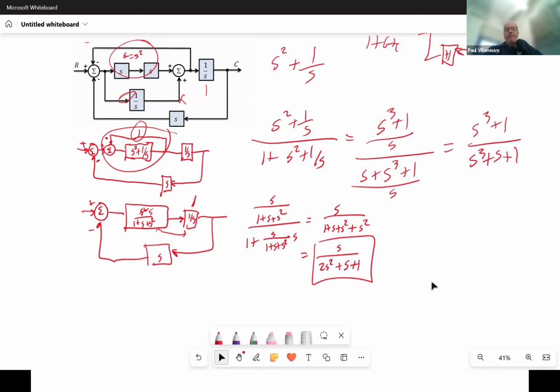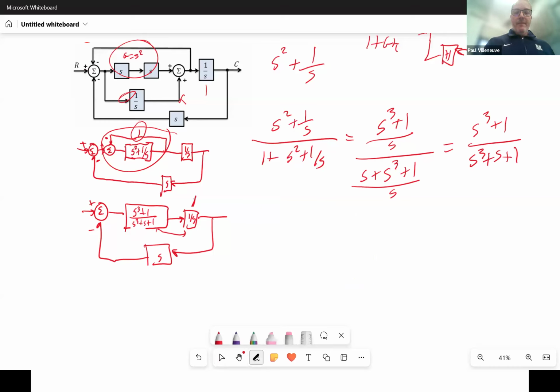Everybody okay with that? When I combine that feedback path? So this term is not that. This is S cubed plus 1 over S cubed plus S plus 1. Okay.